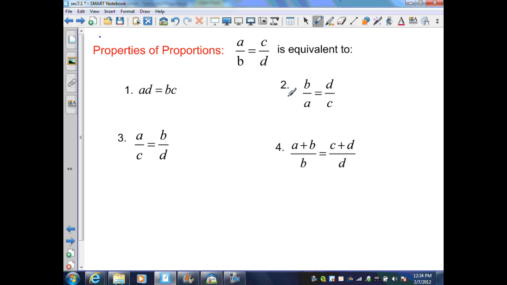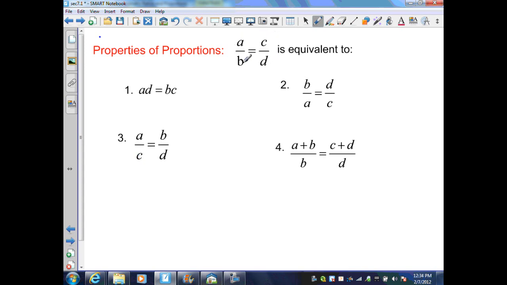On number 2, I have b over a, and when I go back to the original proportion, I have b on the bottom and a on top. All they did is find the reciprocal. Therefore, the reciprocal here would be d over c. Therefore, b over a equals d over c. Number 3, I have a over c.